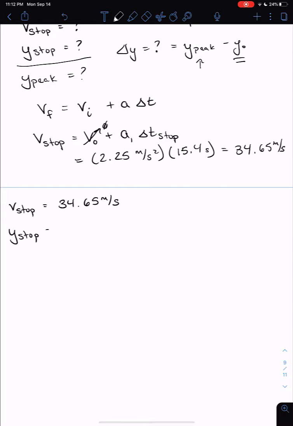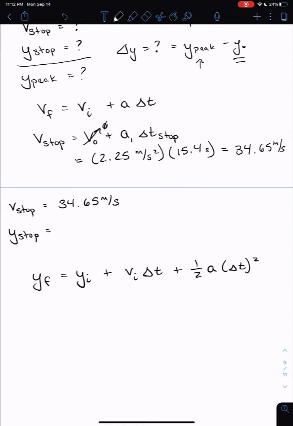So next I need to go through and figure out what my elapsed distance is at this point in time. So to do that, I'm going to use the kinematic equation that involves final position is equal to your initial position plus your initial velocity times your elapsed time plus 1/2 acceleration times elapsed time squared.